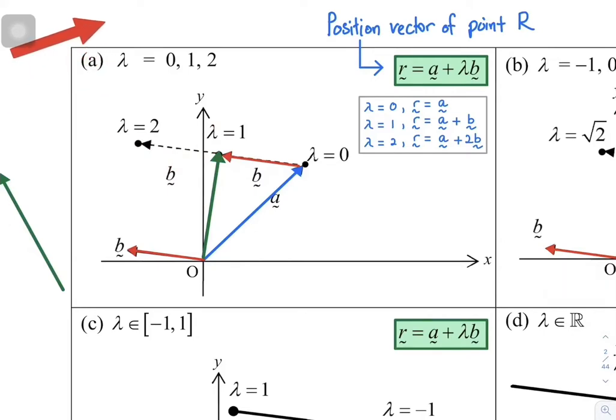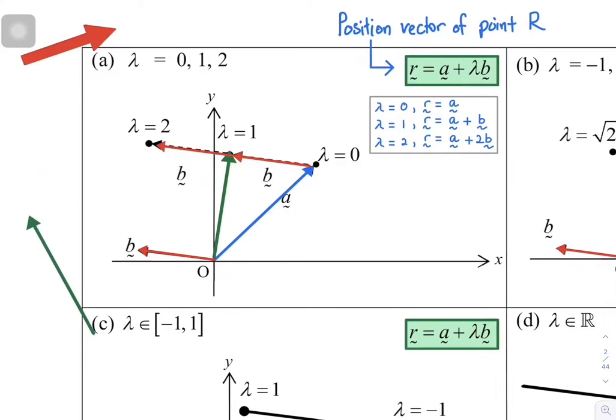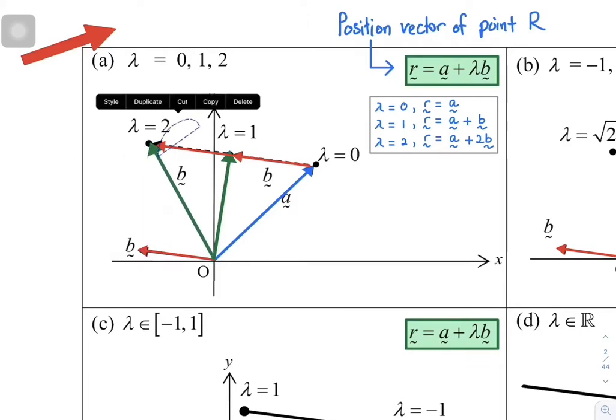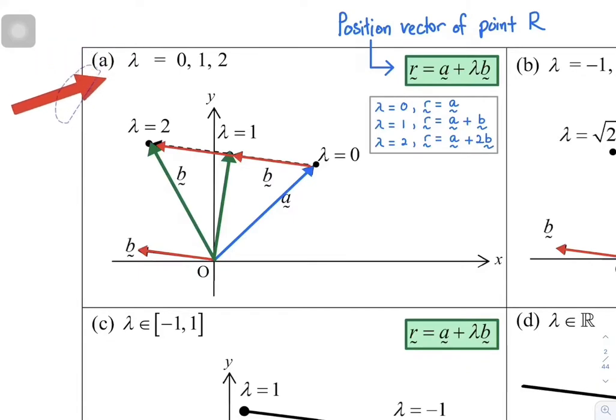When lambda equals 2, we notice that the vector A is added to 2 times the vector B, and this itself, by using the triangle law of vector addition, will actually represent the vector R, which represents the point R situated over here when lambda is equal to 2.